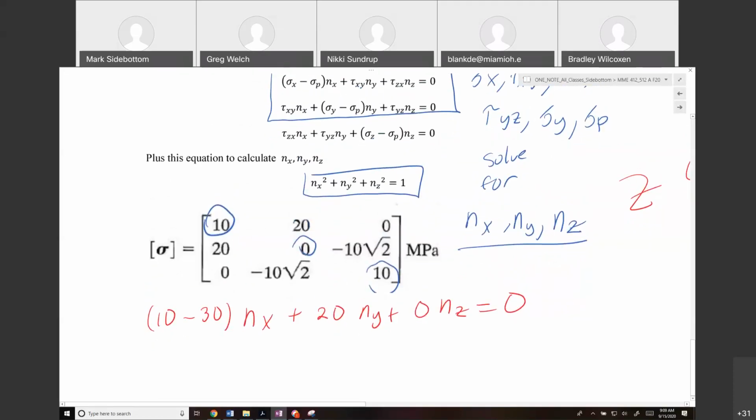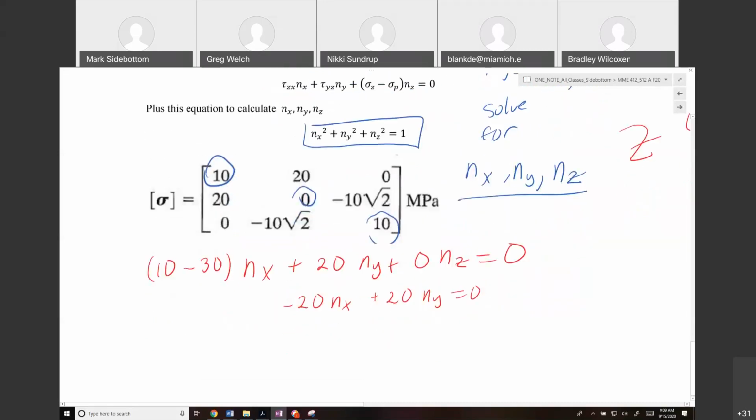So if we simplify this down, we end up getting minus 20 nx plus 20 ny equal to 0. So in this case, we would get nx equal to ny.